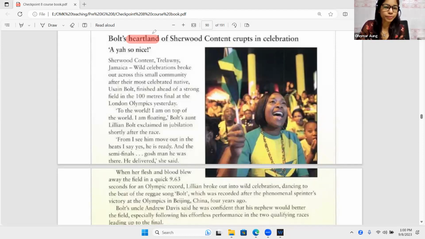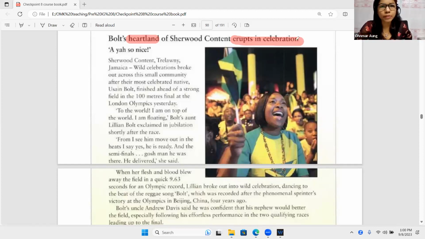So you can learn heartland. Erupts in celebration. We use erupts. Actually, erupts is from volcanic eruption, right? But here, for celebration, we say erupts in celebration.